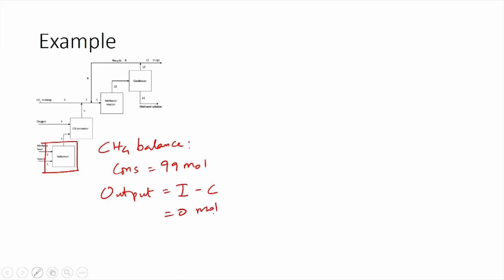So, similarly we can write component balances for carbon dioxide. So, carbon dioxide balance would be input minus output plus generation minus consumption equals accumulation. At steady state there will not be any accumulation. Carbon dioxide is a product, so it is only generated, there is no input of carbon dioxide. So, your output is actually equal to generation.